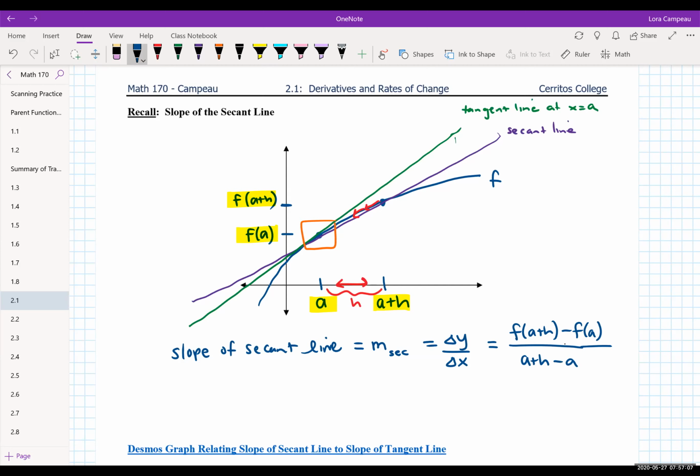So if we were to simplify the denominator just a little bit, I'm going to rewrite the numerator. A plus h minus a, we ended up getting the h in the denominator. So we have ourselves a way to get the slope of the secant line.